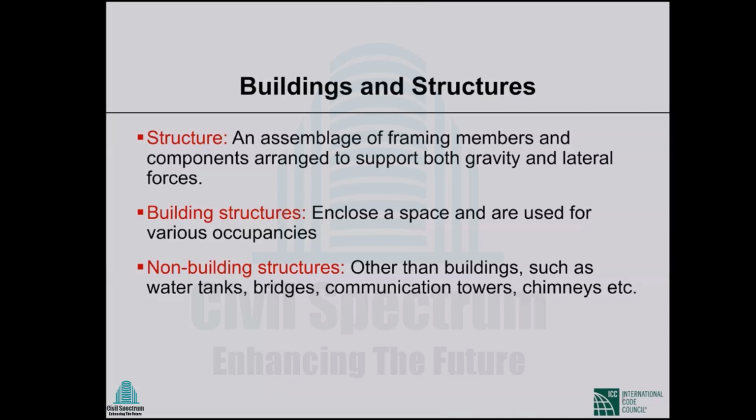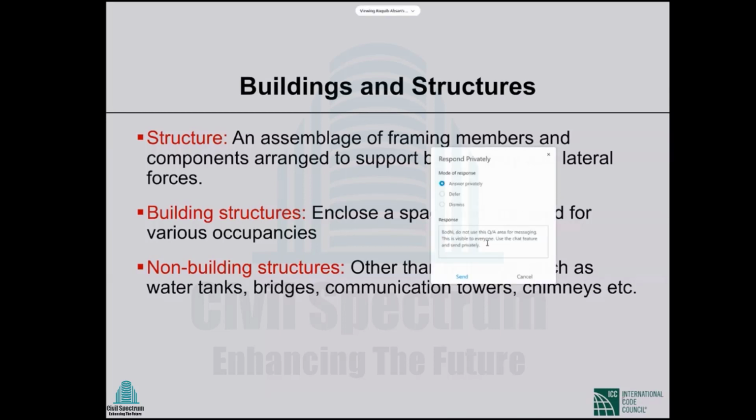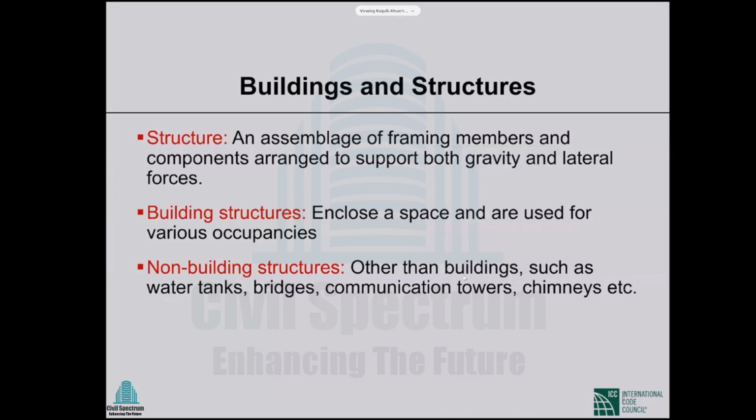Basically, that part of a building, or non-building structures, that carries the load. That is the structure. Building structures enclose a space and are used for various occupancies. When we have different types of occupancies, people may reside, people may use for different purposes.